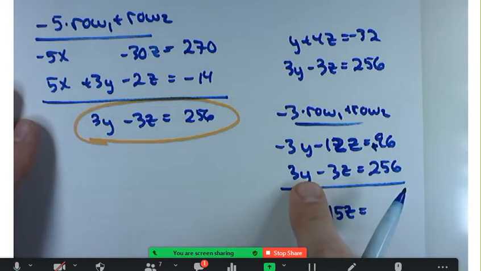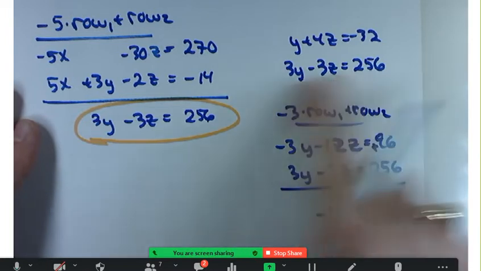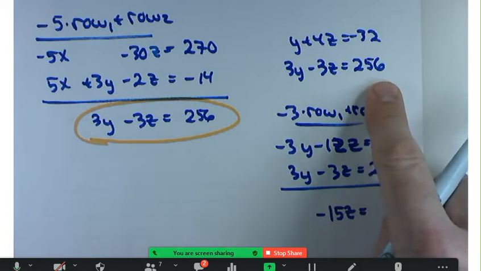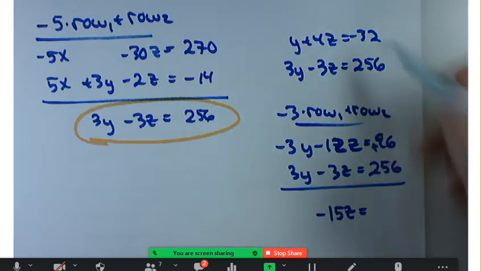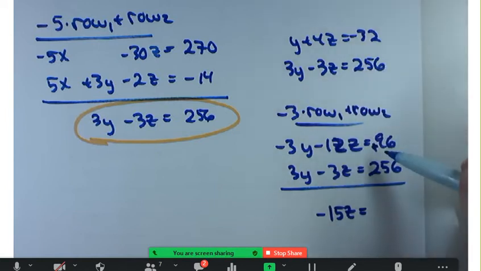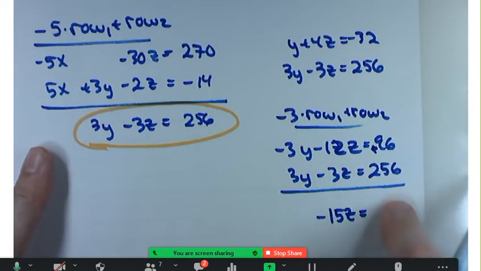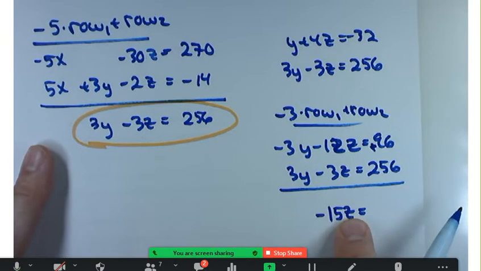Let's see. 3y minus 3z is 256. Something seems wrong here someplace. What's going wrong? 96, because this isn't going to be divisible by negative 15.